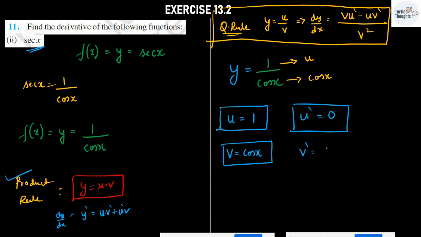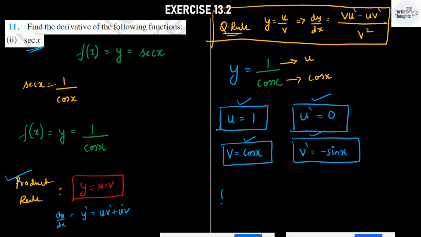Now, v dash is going to be equal to minus sin x because we already know the differential of cos x, right? I have the value of u, u dash, v and v dash also. Substituting the same in the formula, I will be getting the answer. The formula is v multiplied by u dash.